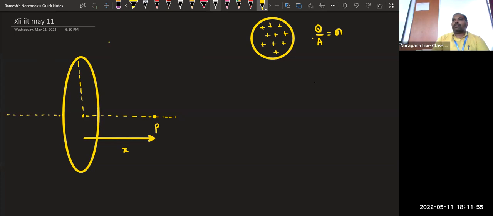There is no direct method. The circular disk I can divide into concentric circular rings. I am taking one elementary ring.